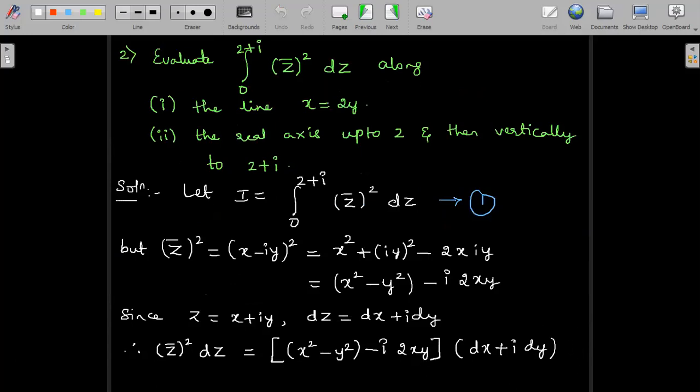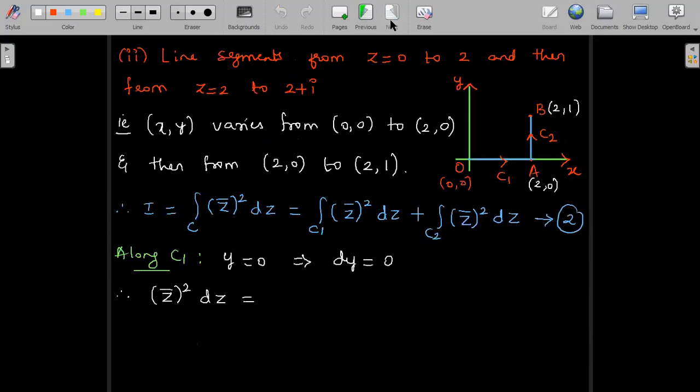So we remain with only x square into dx. Substitute y equal to 0 everywhere. So y is 0, dy is 0, so we just have x square into dx.